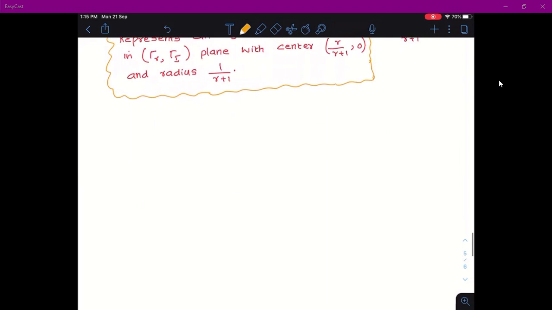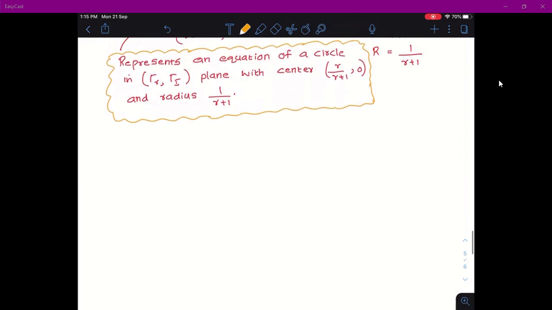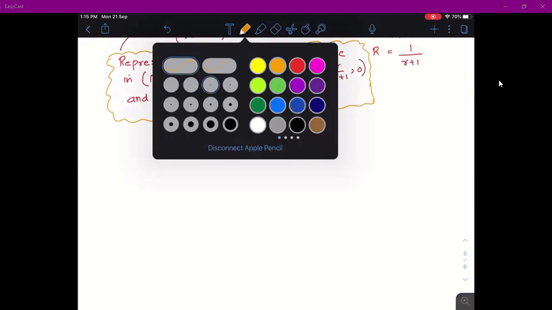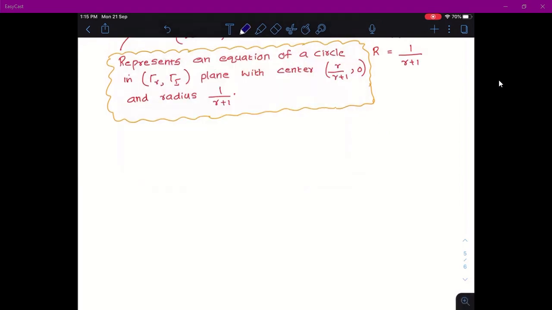Let's take some values and see how this circle will look. In our circle, the center is r by r plus 1 comma 0 and the radius is 1 by r plus 1.